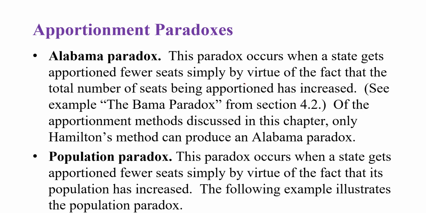Okay, so the paradox occurs when the state gets apportioned fewer seats simply by virtue of the fact that the total number of seats being apportioned has increased. So is it the number of items being increased? Population? Did the population of the hospital go higher?